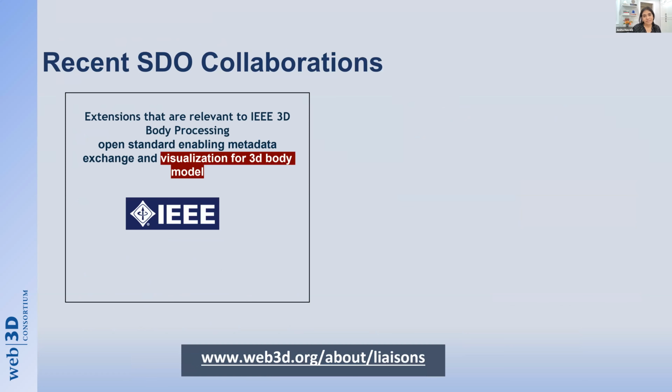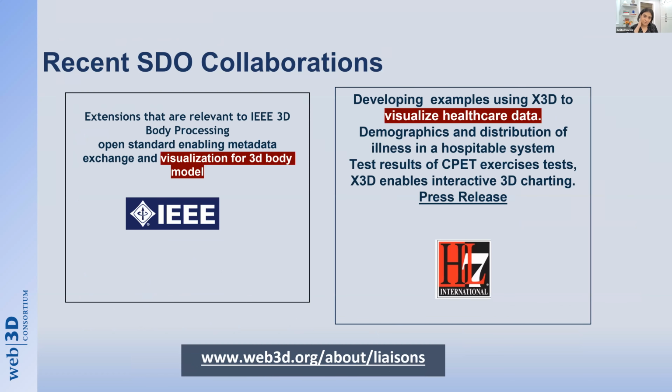So we have recent new collaborations with the IEEE body processing organization, and we have worked closely with them, and we are trying to collaborate. One of the extensions is metadata. Enabling metadata was very important for their community, and their requirements helped us define our metadata functionality.